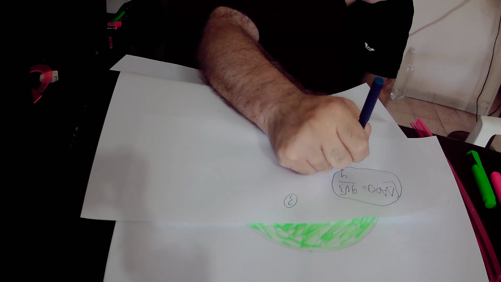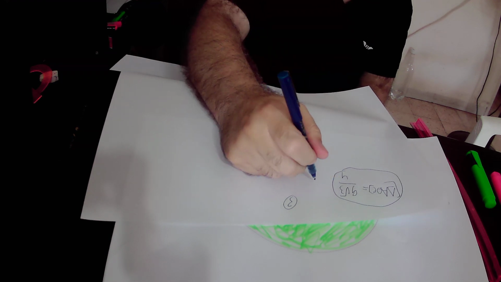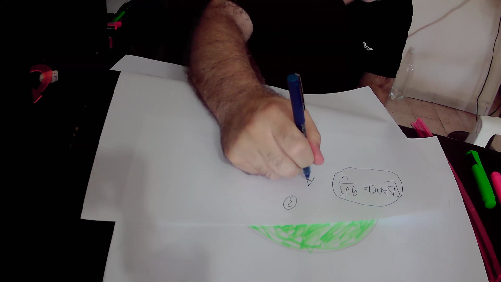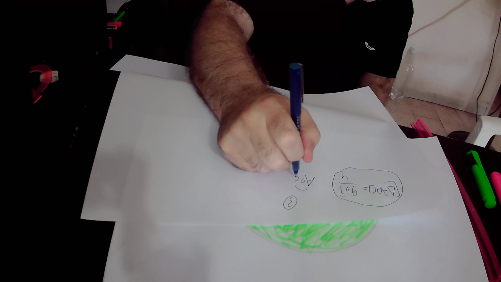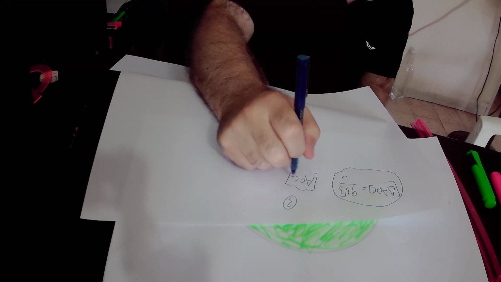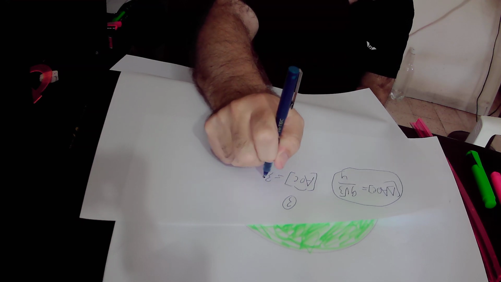And we've already found out that the area of sector AOC equals 3 pi square units.